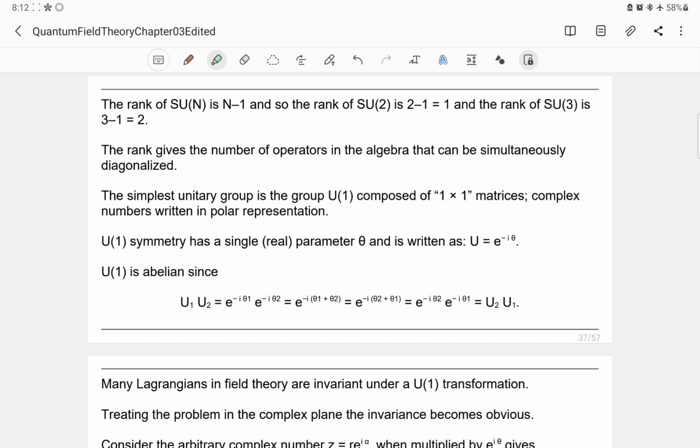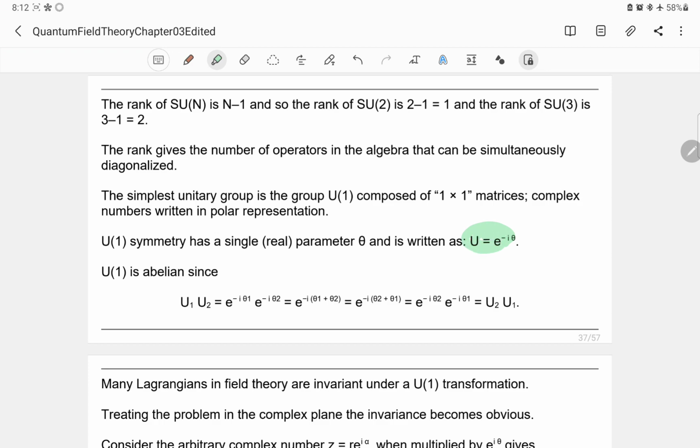The simplest unitary group is the group U1, and this is composed of 1 by 1 matrices or complex numbers written in polar representation. So you have here this one.